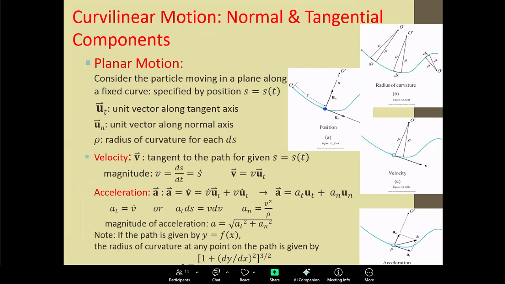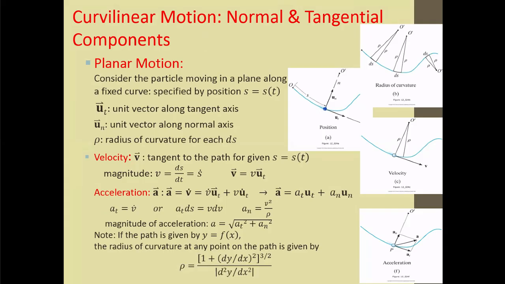At that point, the curve shapes like an arc of a circle with the radius of rho. This rho is called the radius of curvature. The radius of curvature is given by this formula. So at this point, we need to evaluate the radius of curvature to find the radius of the circle using this formula, if the curve is given as a function of x.